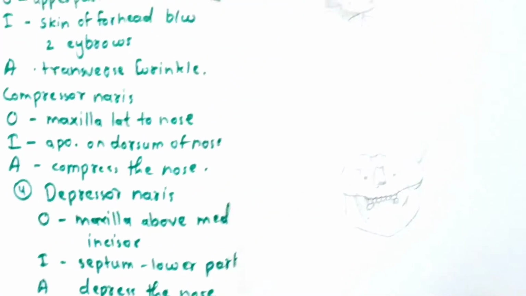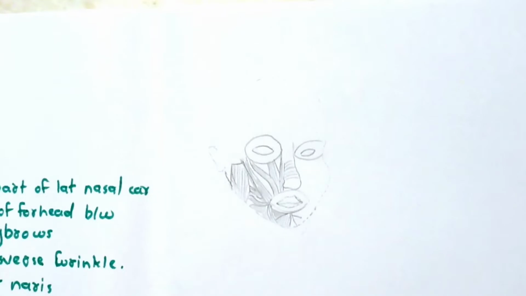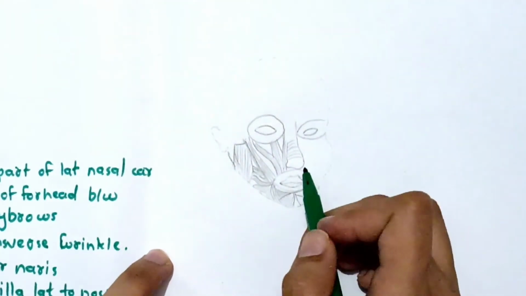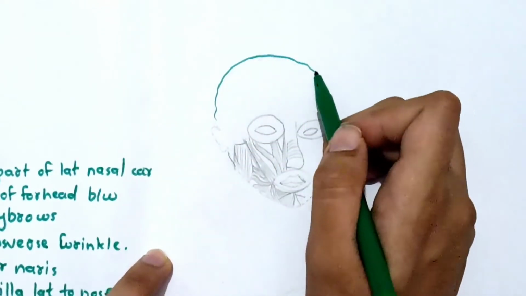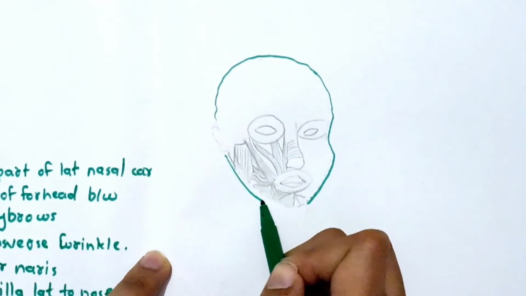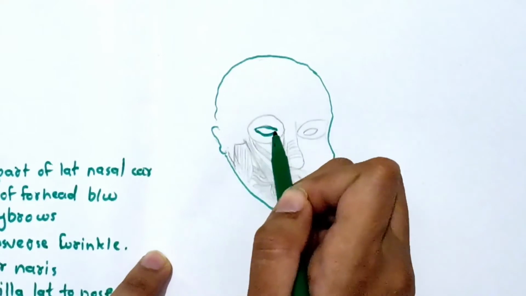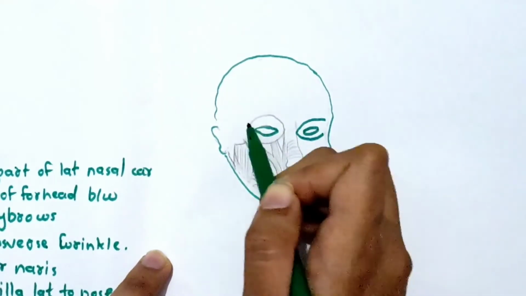Let's move to another 10 muscles that we have around the mouth. So here is a diagram. In this diagram, this is the orbicularis oculi.